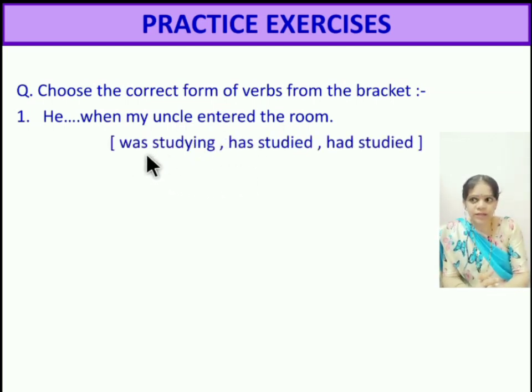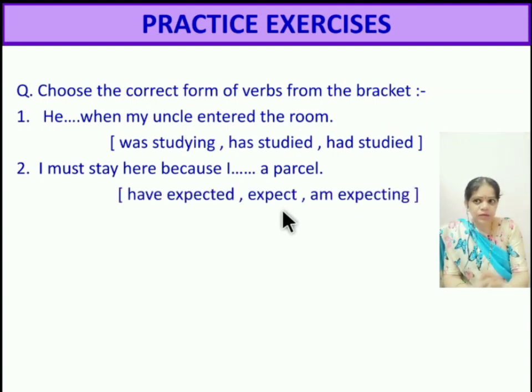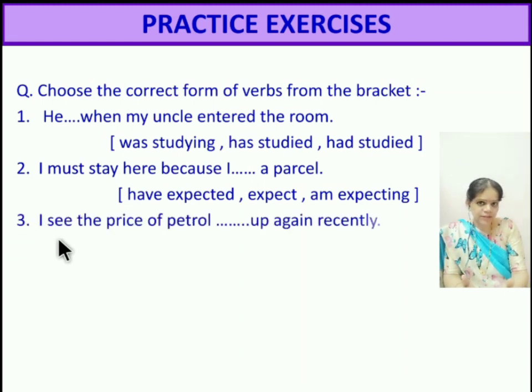What should you write as the answer? We will discuss the answer in the second session of tenses. Second sentence is, I must stay here because I expected a parcel, or am expecting. Check. I don't know the answer right now. We'll discuss in the next session, okay?